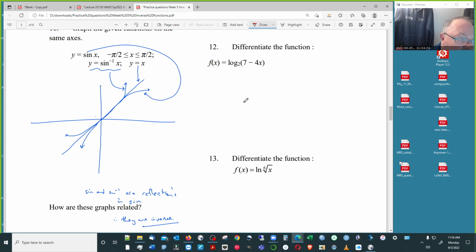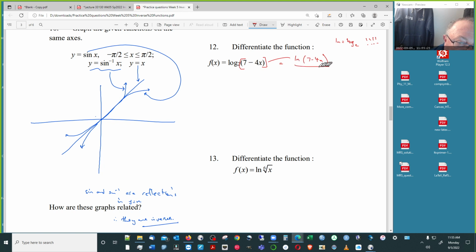Okay, a change of base formula takes this one and changes it to the natural logarithm. See that change? Remember, ln is equal to log base e.